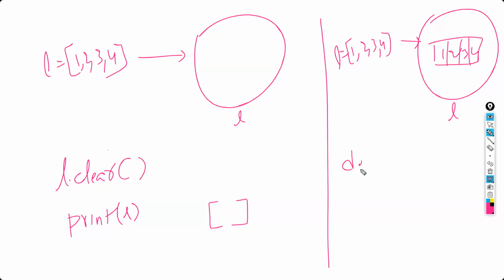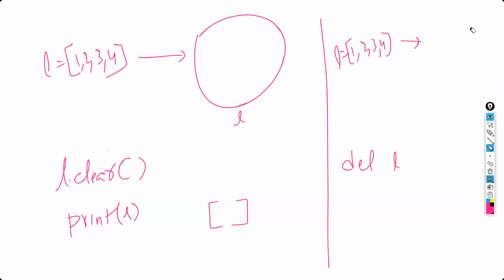Now del L means it is going to delete the variable. When deleting the variable, the object along with the values, everything is deleted. What is the difference here? In clear, only values are deleted. Here, values plus object. Whatever clear is doing, this also does, along with deleting the object.